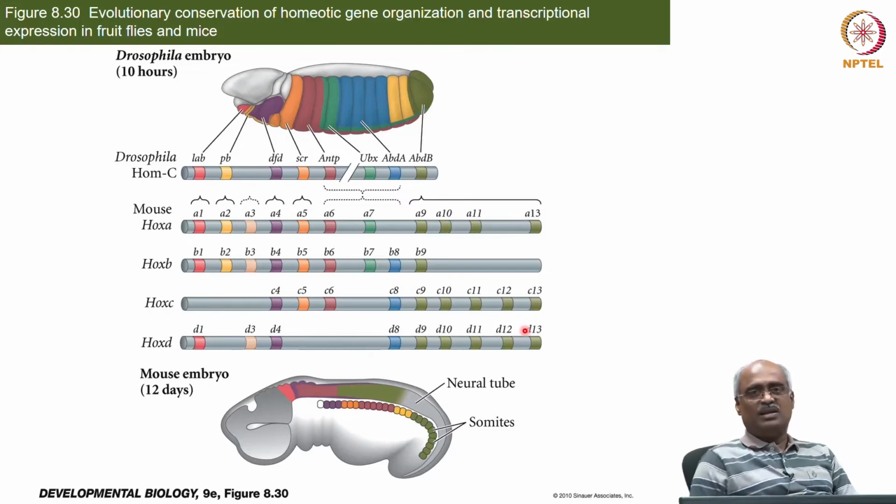So remarkably, that sort of collinearity is conserved even in vertebrates, in all vertebrates. Okay, except that vertebrates have 4 copies of each of these. So there is only one cluster in Drosophila corresponding to these body parts, and the very extreme anterior head region is determined by 2 separate transcription factors.